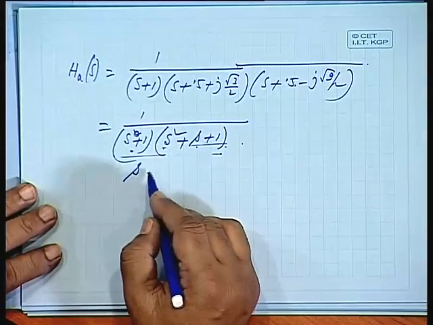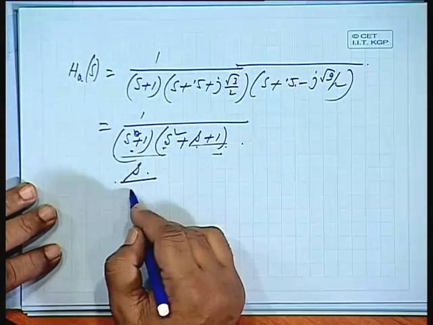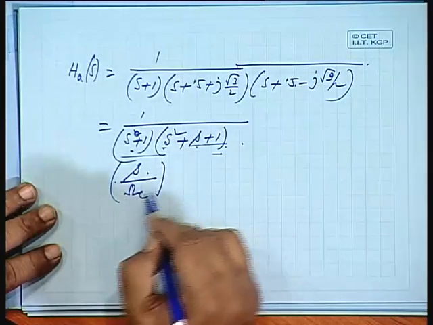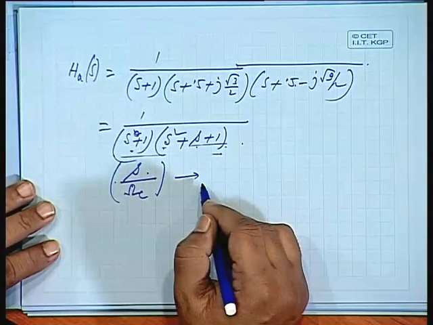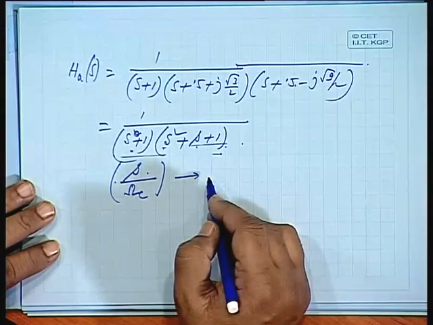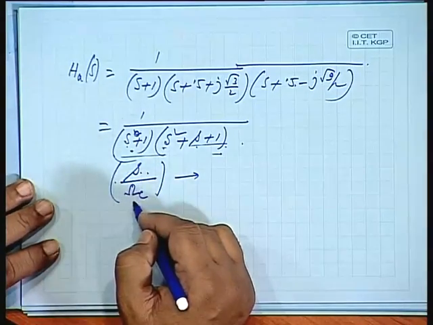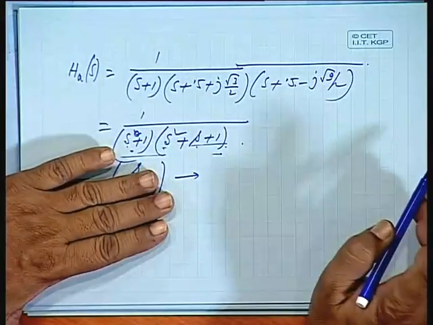If I make a substitution of s by s by omega c, this was designed with omega c equal to 1. Now, I denormalize it.